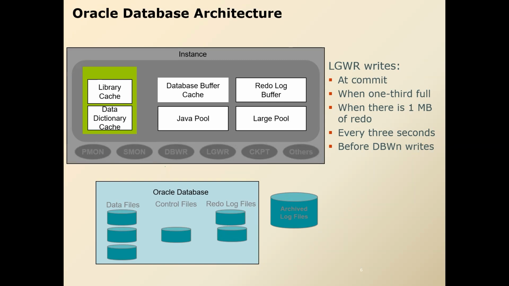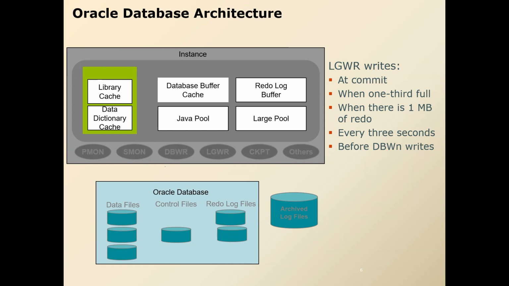For GoldenGate, your redo log files or backup of redo log files, which are called archive log files, are the source. GoldenGate or any change data capture tool captures the changes from these files, and once these changes are captured, they act accordingly.